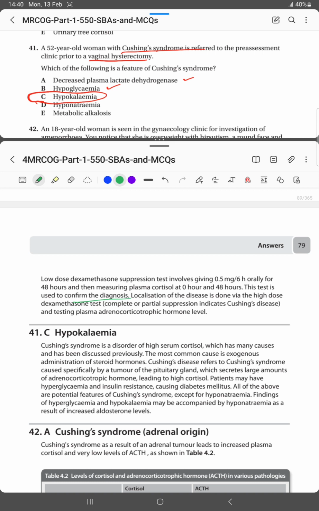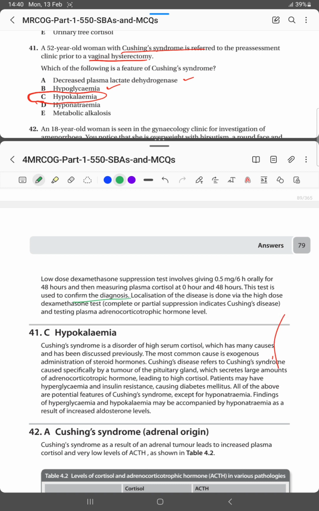Patients may have hyperglycemia and insulin resistance, causing diabetes mellitus, and all of the following are potential features of Cushing syndrome except hyponatremia. Findings of hyperglycemia and hypokalemia may be accompanied by hypernatremia as a result of increased aldosterone levels. So hypokalemia is the answer.